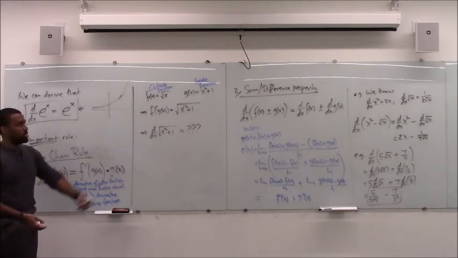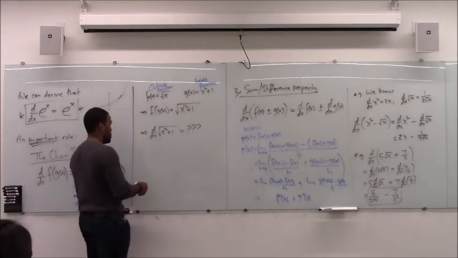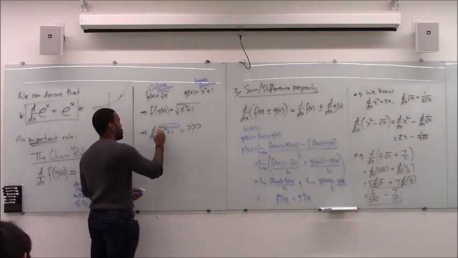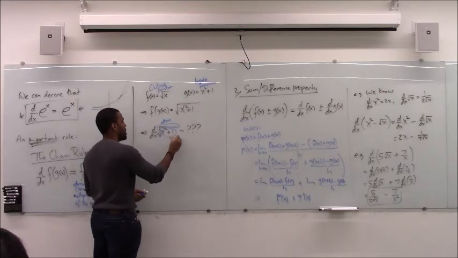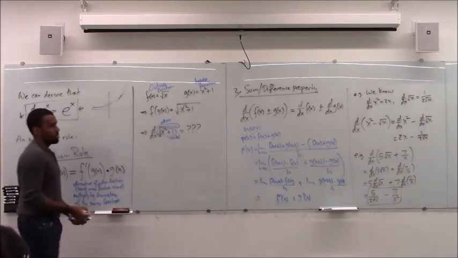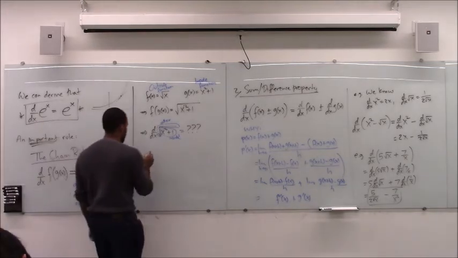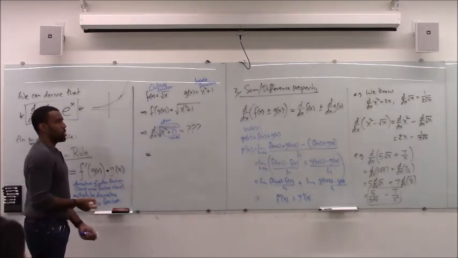So if someone were to ask you to differentiate this, what you're going to do is you're going to notice that this guy here, the square root, is the outer function, and your x squared plus 1, this is the guy that's inside the other guy. Right? So the derivative is going to be differentiate the outer function. How do we differentiate the square root of something?